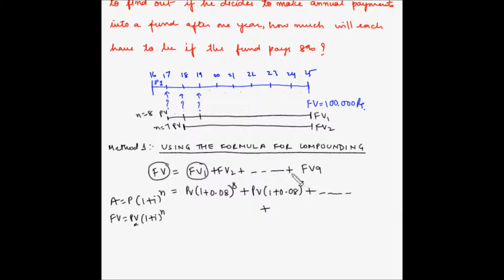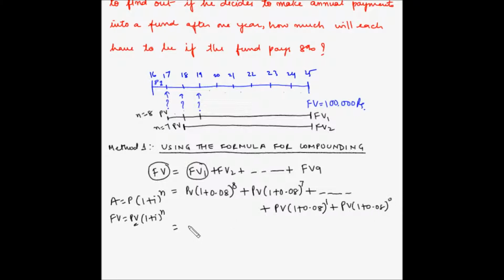Let me note down the value for FV8. So that will be PV into (1 plus 0.08) to the power 1, plus for FV9 it will be PV into (1 plus 0.08) to the power 0.